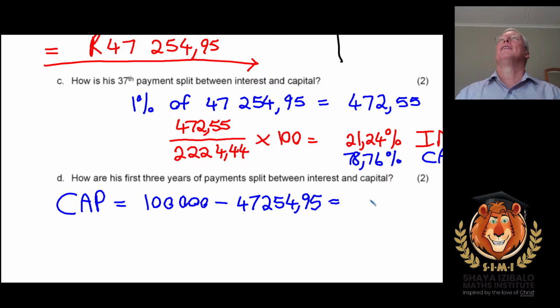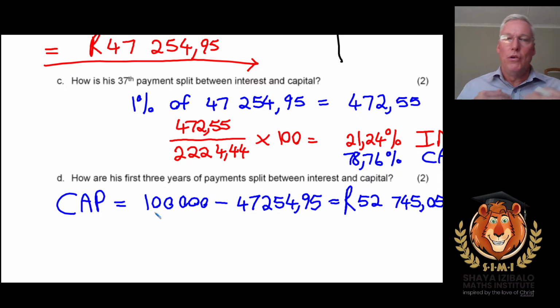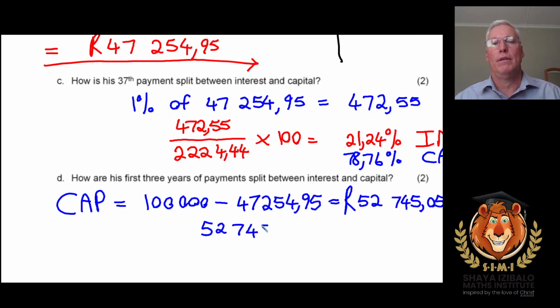And so what we work out now is that is in fact 80,000. No, sorry, it's not 80,000 rand at all. It is 52,745 and 5 cents. That is how much the loan has come down by. That is what we call capital, right? But that capital was out of a contribution, in fact, 36 contributions of Sanele's monthly premium.